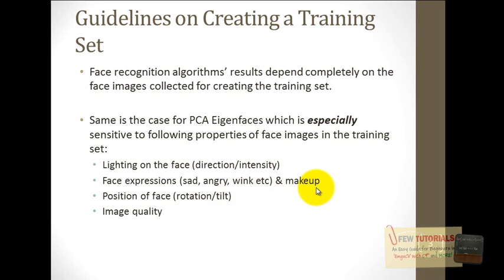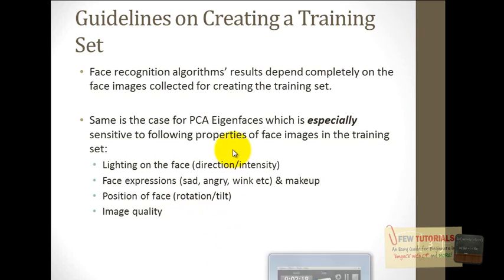Was the person wearing glasses, or some makeup or not? And then the position of the face, for example the rotation and the tilt of the face, is it facing left or facing right. And the image quality, that is, was it taken from an HD camera or from a normal web camera? Because quality differs in both of the images, and even the resolution, that is the size of the image, differs.